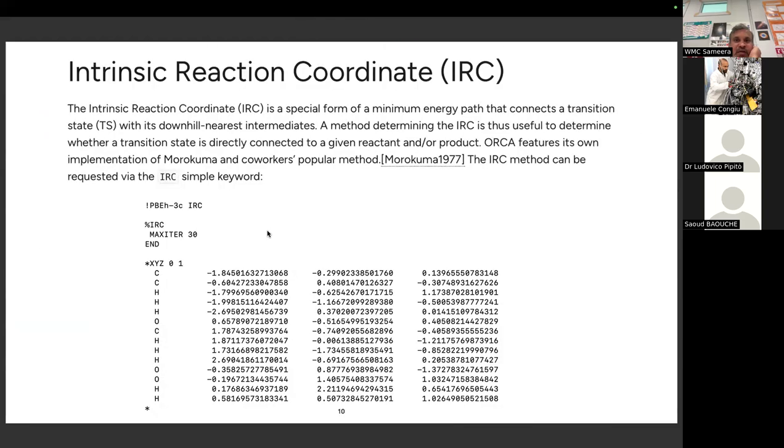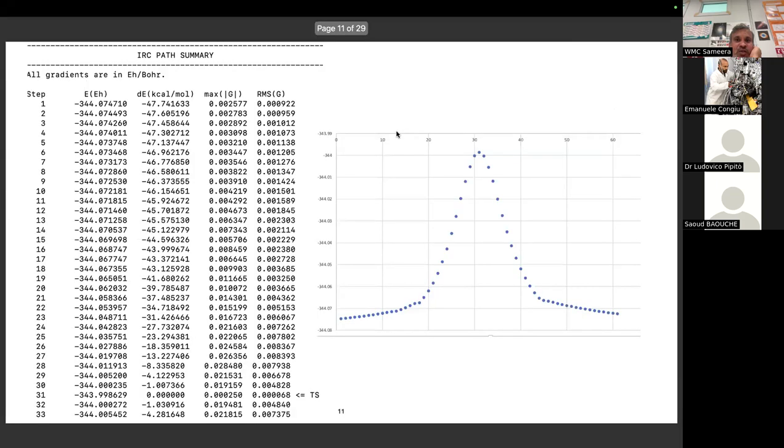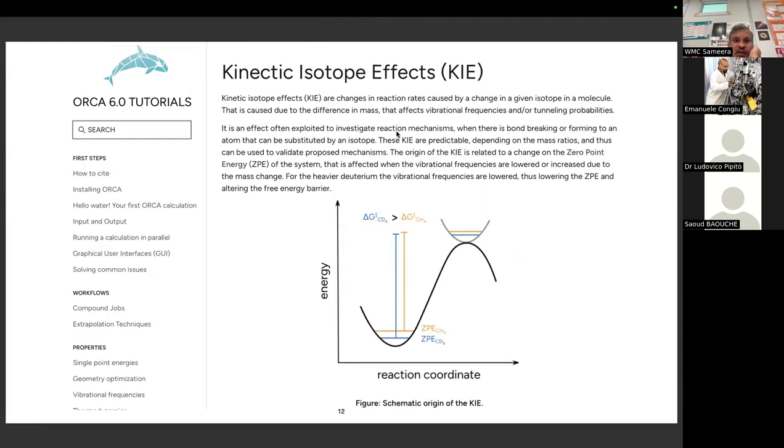Now you have an idea about how to perform transition state computations, and then you can use this knowledge for practical applications, for example, calculating kinetic isotope effects. In this case, we calculate the reactions with isotopes.